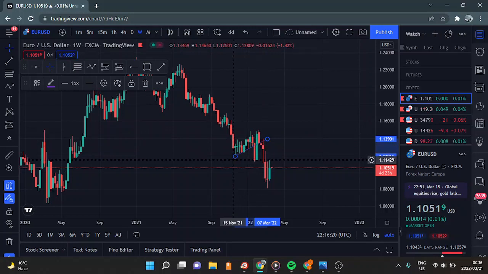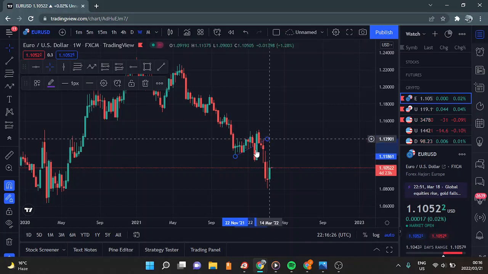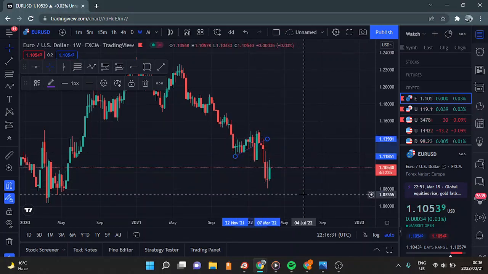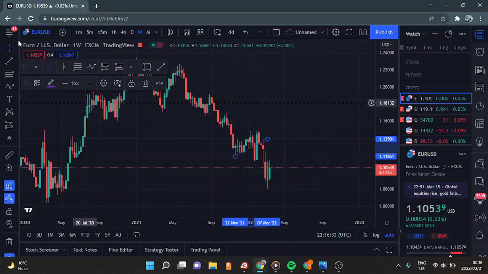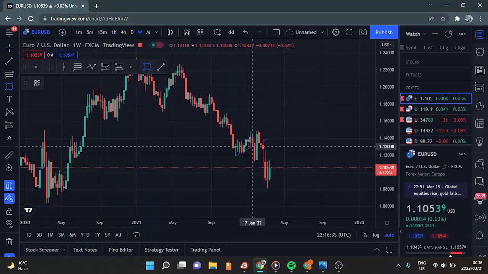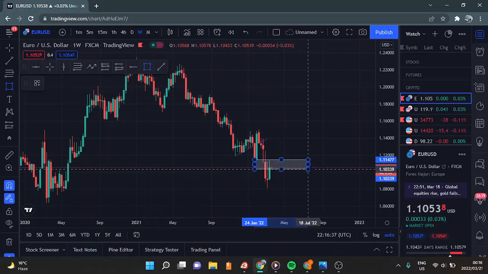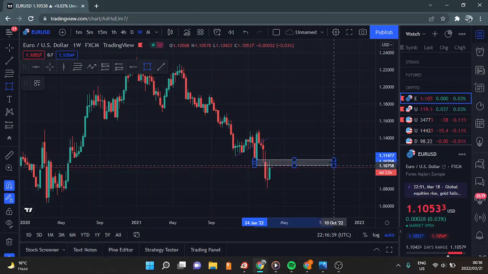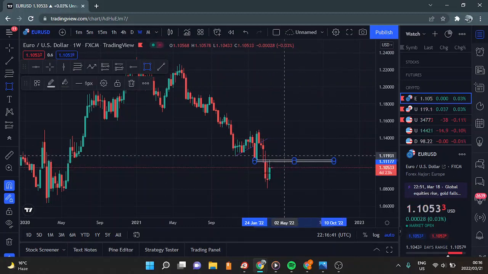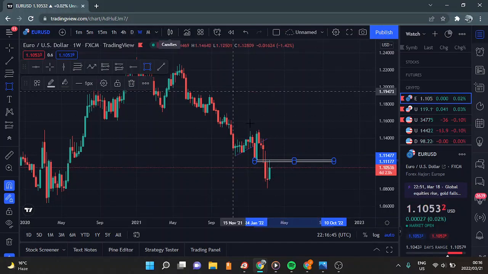I'm only going to use these ones until it gives us a lower high, in order for us to use it as a market structure. So you can mark this point here. The market went up to it. So yeah, as you can see, we're still in a downtrend on the weekly time frame.